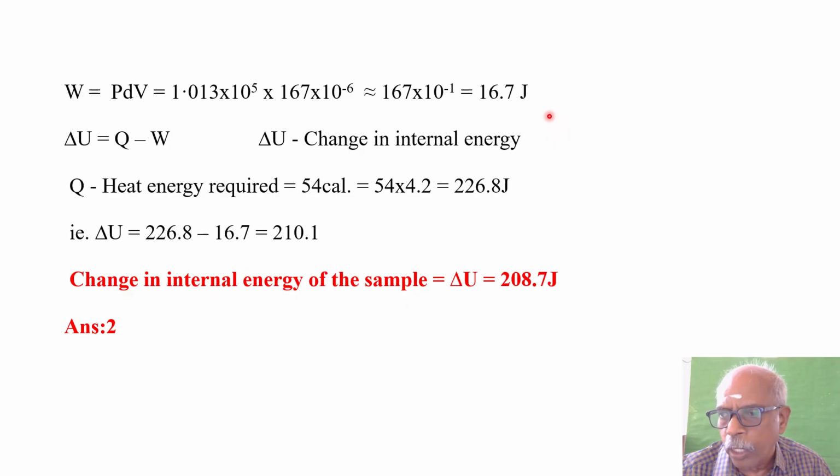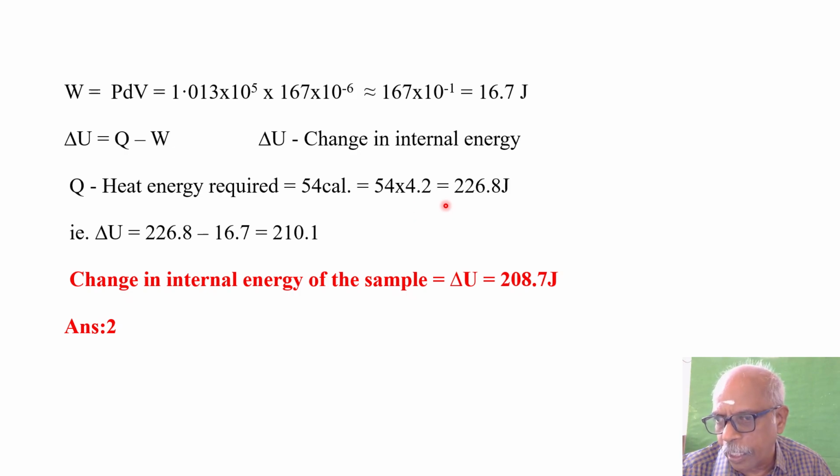What is our primary equation? Delta U is equal to Q minus W. Your aim is to find the value of delta U. So W you found now. What is Q? Heat energy required for this event, 54 calories. How to convert it into joules? 54 into 4.2.